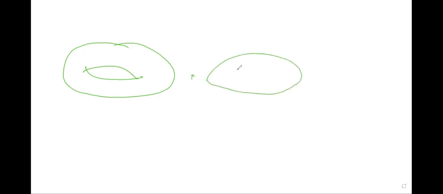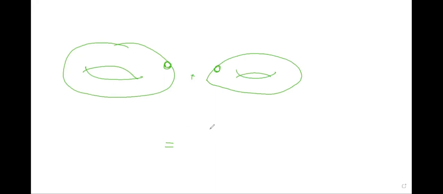You have a torus like this, and we have another torus. You can get the connected sum of these two. How will you do it? You can just remove a disk from here, and remove another disk from here, and glue these two through this one.